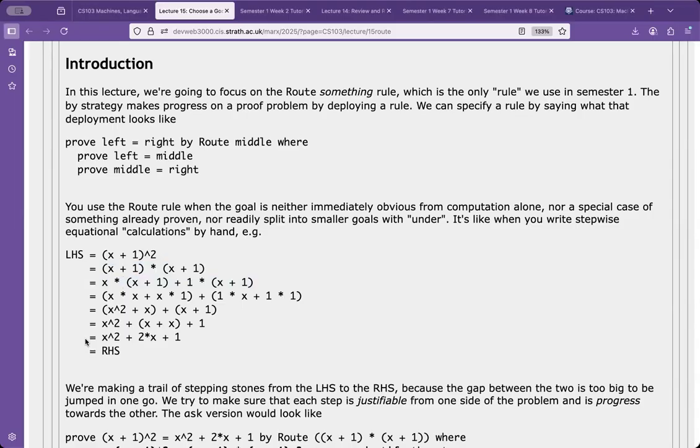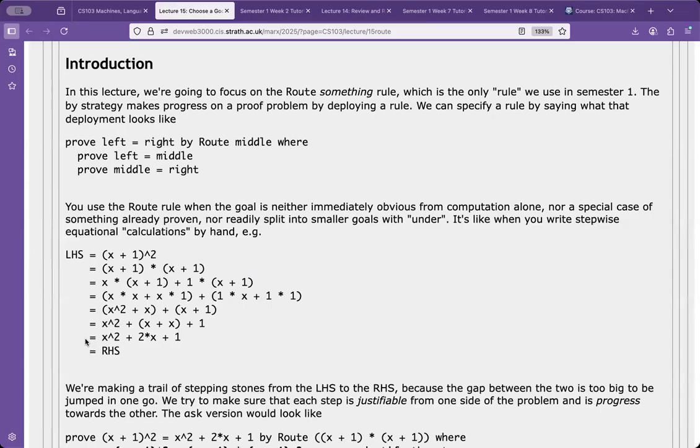You might say, okay, well, something squared is the same as the thing times itself, and then you can multiply out and all of that kind of stuff. So just little steps, each of which is justifiable, that get you between two expressions that are too far away for one jump. And that's all that's going on with by route.